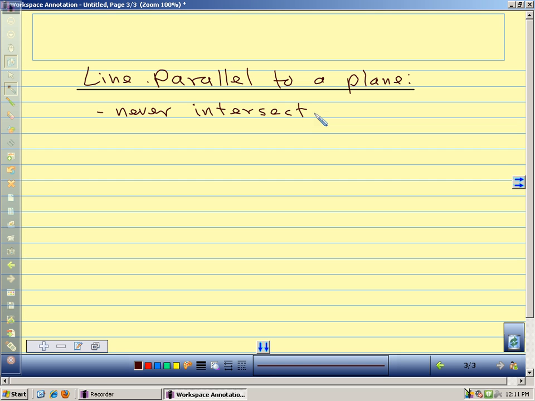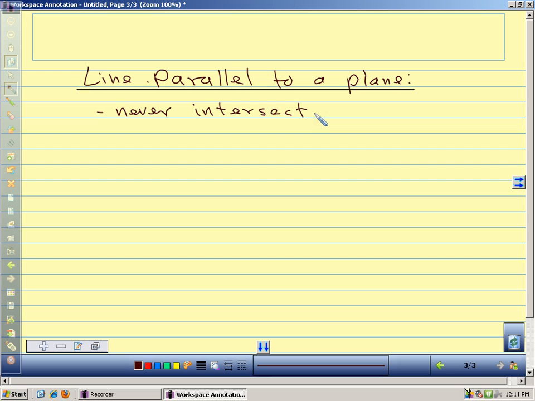If my line of markers here is out here above the plane of the board, and it's parallel to this line that I've drawn on the board, is it going to be parallel to the plane? Because if it goes this way, it's eventually going to hit the plane. It's eventually going to hit that line.